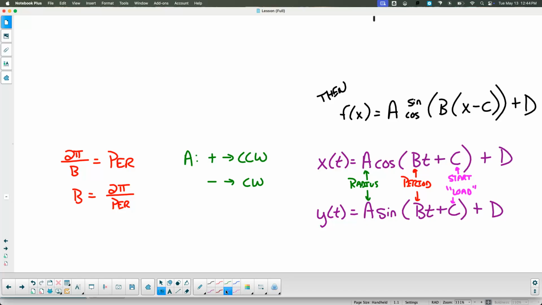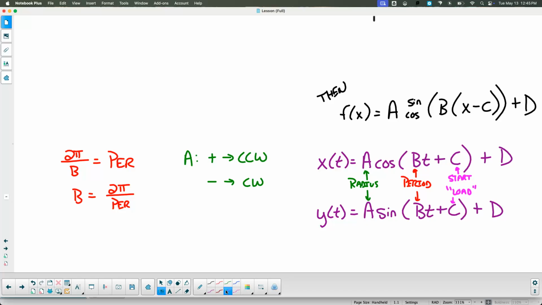If you load at the top, your C value is pi over 2 or negative 3 pi over 2. If you load at the left, your value is plus or minus pi. If you load at the bottom, it's positive 3 pi over 2 or negative pi over 2, depending on where you load.